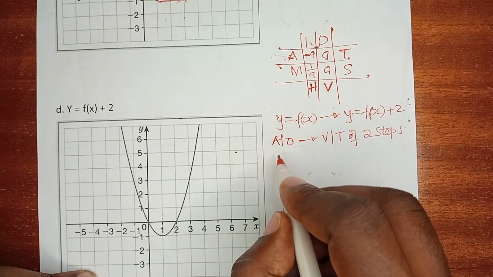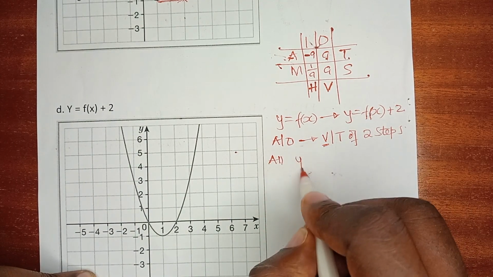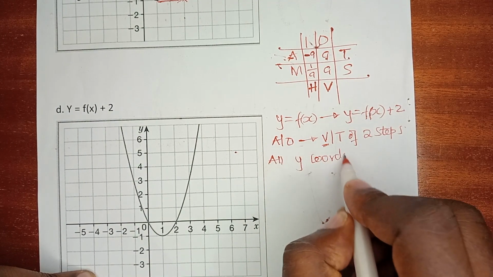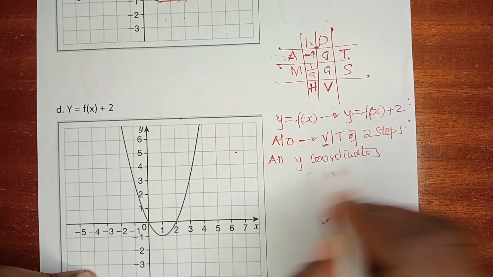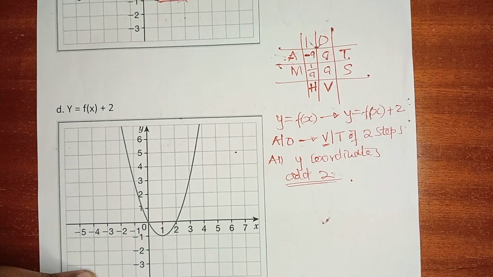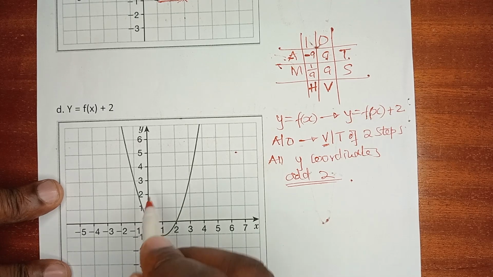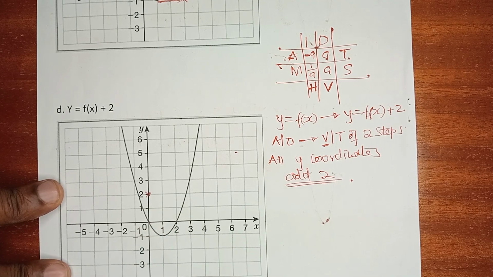And what does that mean? Vertical will affect all y values, all y coordinates. We add 2 to all y coordinates. This means at this particular point y is 0 plus 2, and that point gets there.